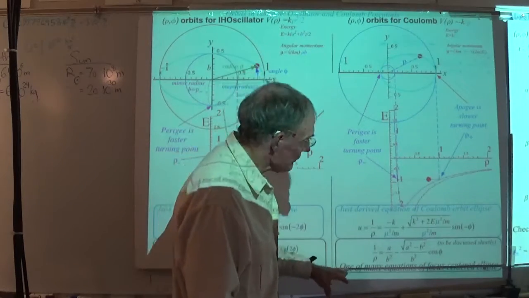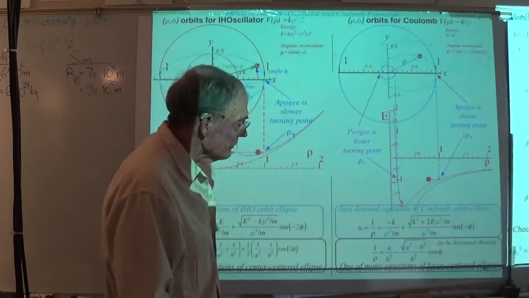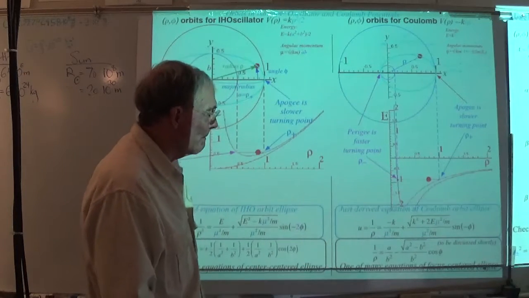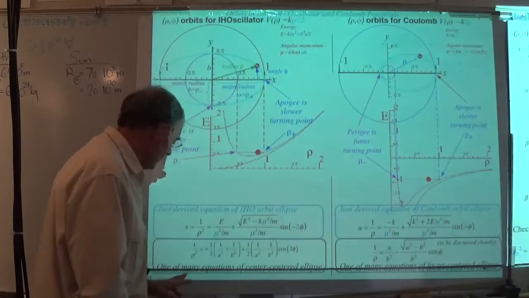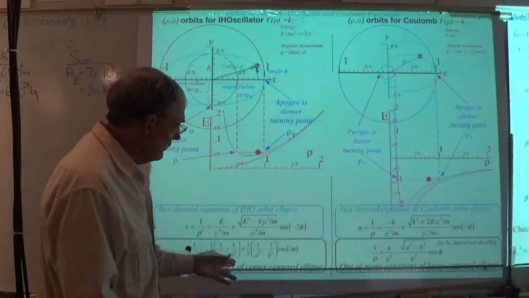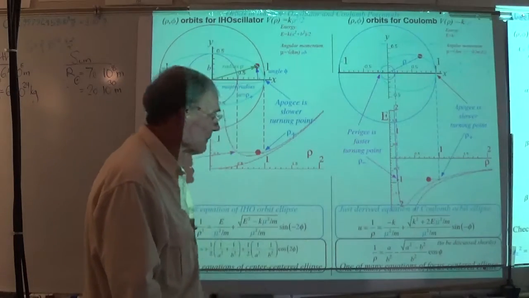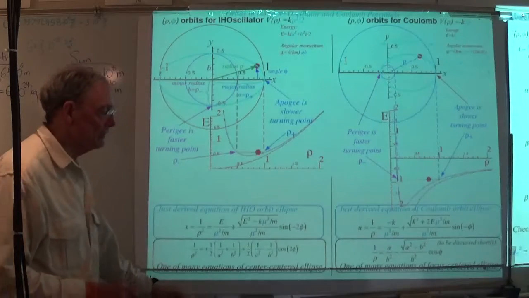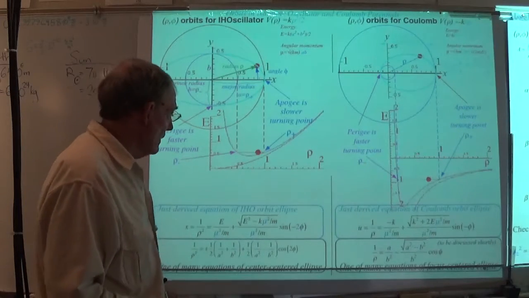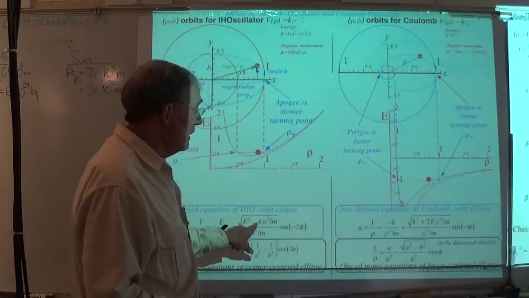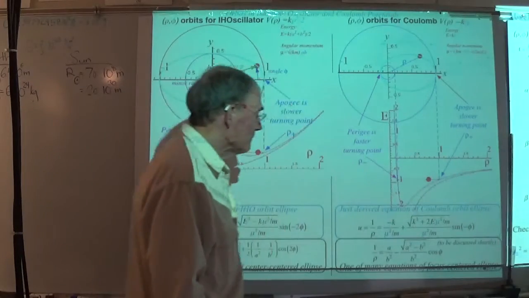This is one of many equations of a focus-centered ellipse. And this is one of many equations of a center-centered ellipse. And we're going to discuss a number of those. So that's it. There's the K becoming 2E.